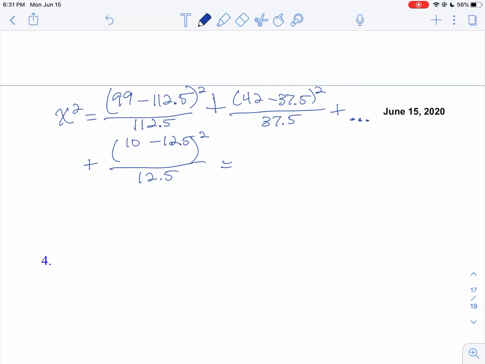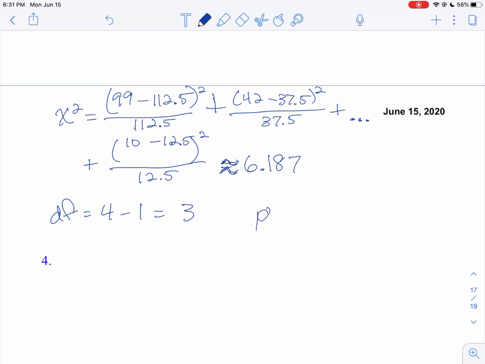Our degrees of freedom, how many categories did we have? Well, let's see. We had red-eyed with straight, red-eyed with curly, white eye straight, white eye curly. So that's 4 categories. Minus 1 is 3 degrees of freedom. And then we calculate, and I get a chi-square value of about 6.187.